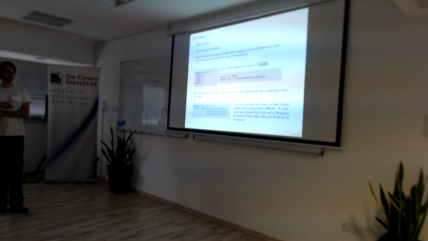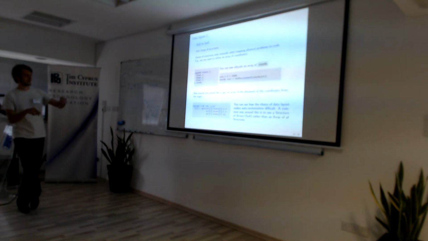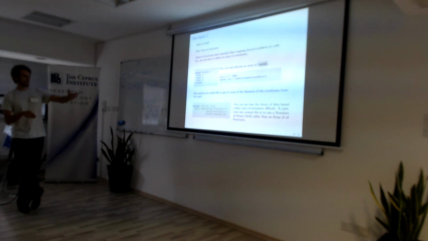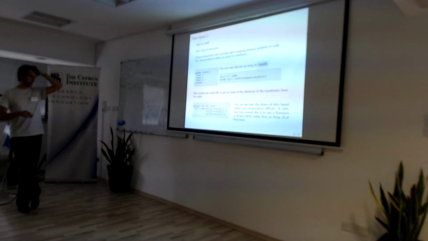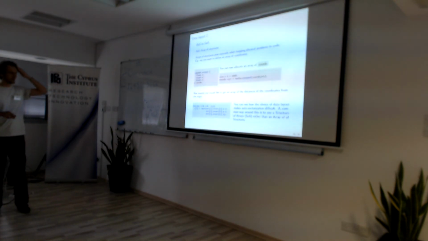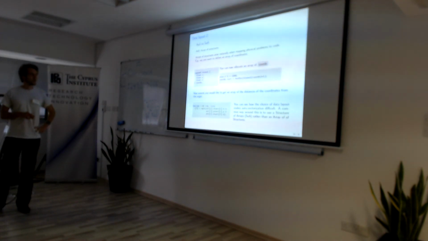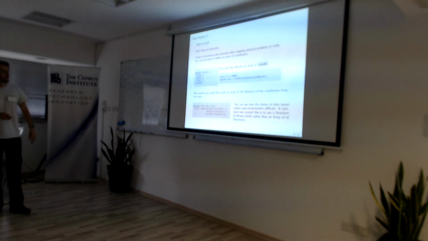If you want just a simple calculation of the distance of this point to 0, we should use the square root of the first element squared plus the second element squared plus the third element squared.